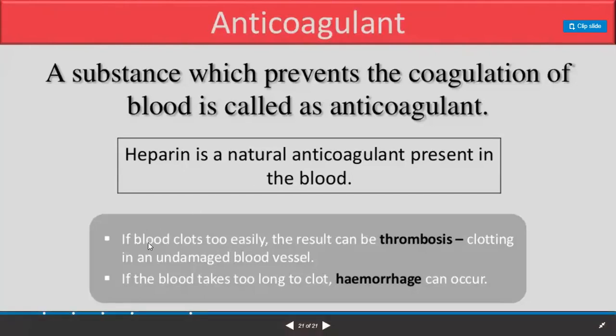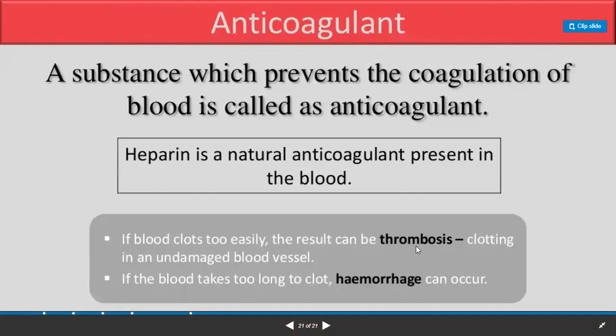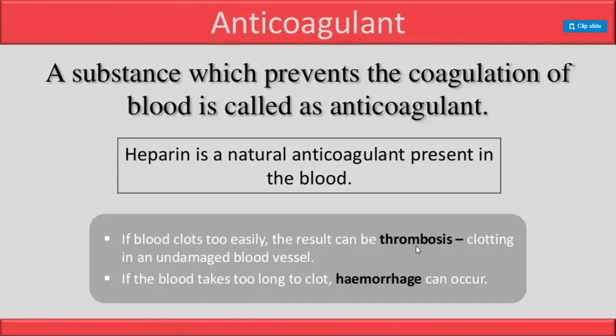So if blood clots too easily, the result can be thrombosis, clotting in an undamaged blood vessel. So there is no damage, no puncture of the blood vessel, but there is thrombosis. We said earlier that blood clotting is only supposed to take place when there is puncture or injury to the blood vessel.